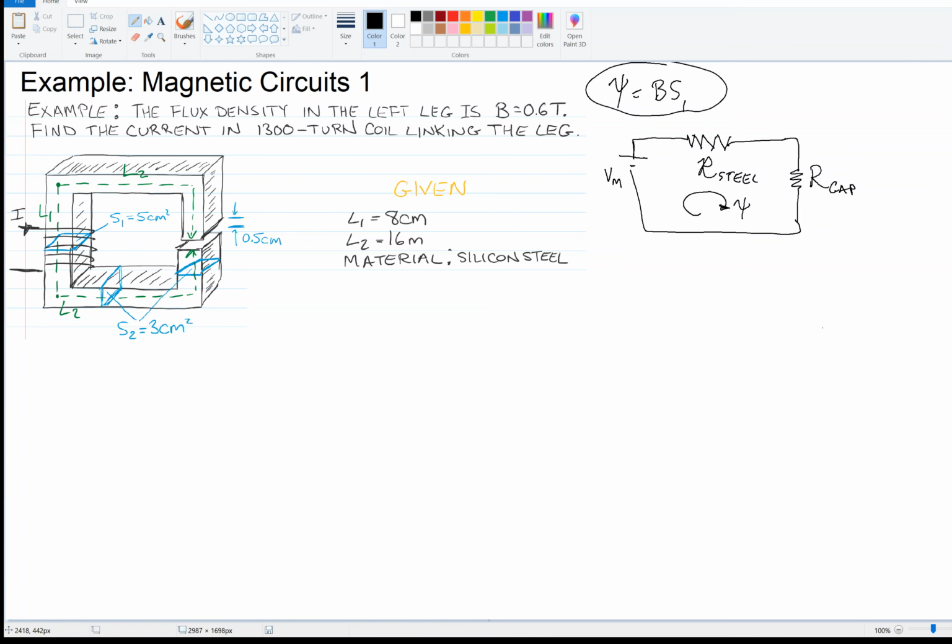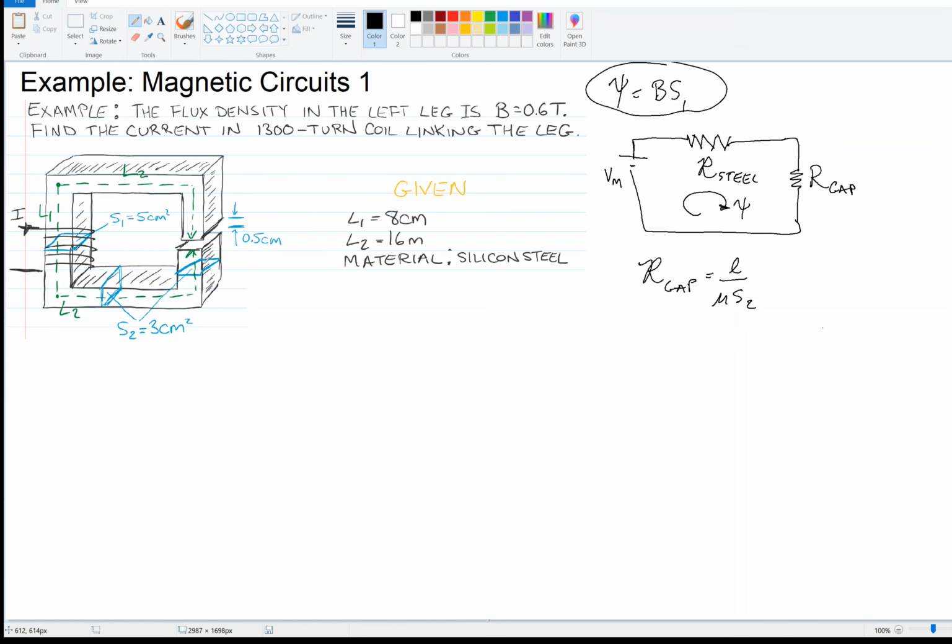So what about the reluctance of the gap? We showed that the reluctance of the gap is L, the length of the gap, over mu S2. The length of the gap is given as 0.5 centimeters, and mu is mu 0 in this case because it's air.